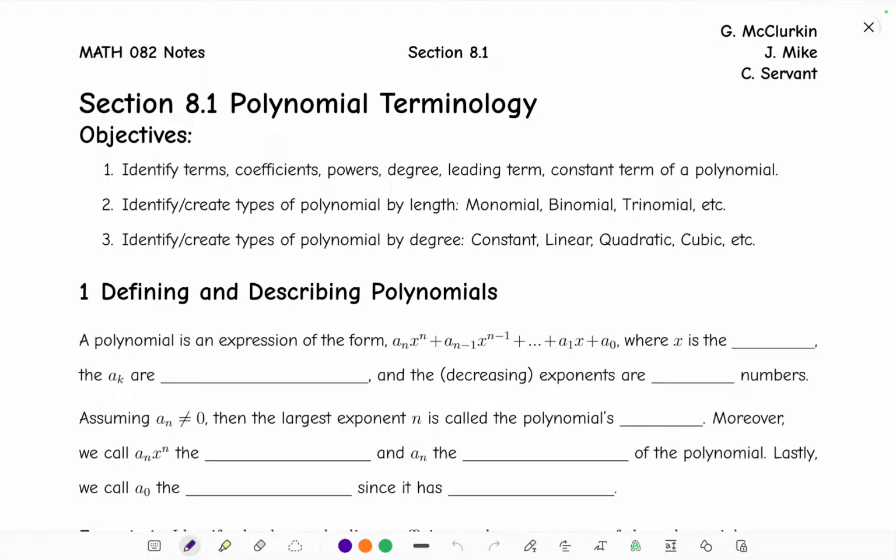A polynomial is an expression of the form a sub n times x to the n plus a sub n minus 1 times x to the n minus 1 plus dot dot dot plus a1 times x plus a0, where x is the variable, the ak are constants, and the decreasing exponents are whole numbers.